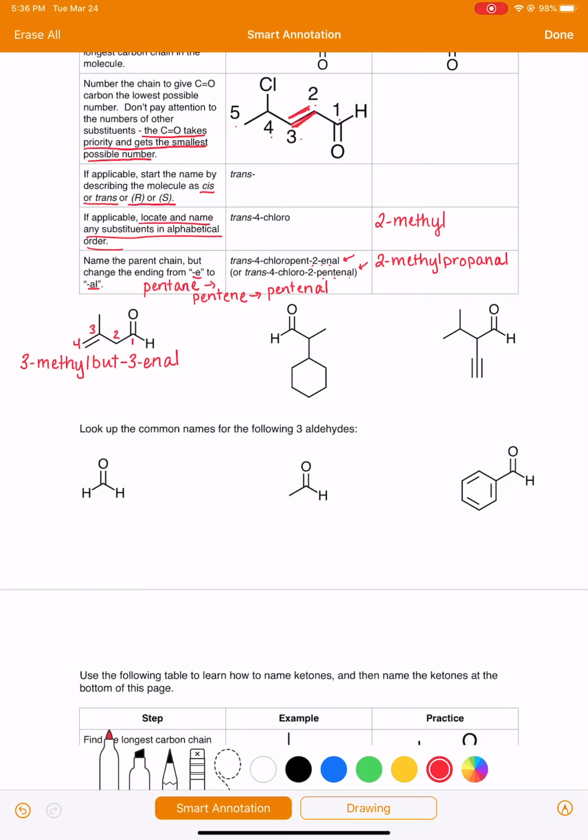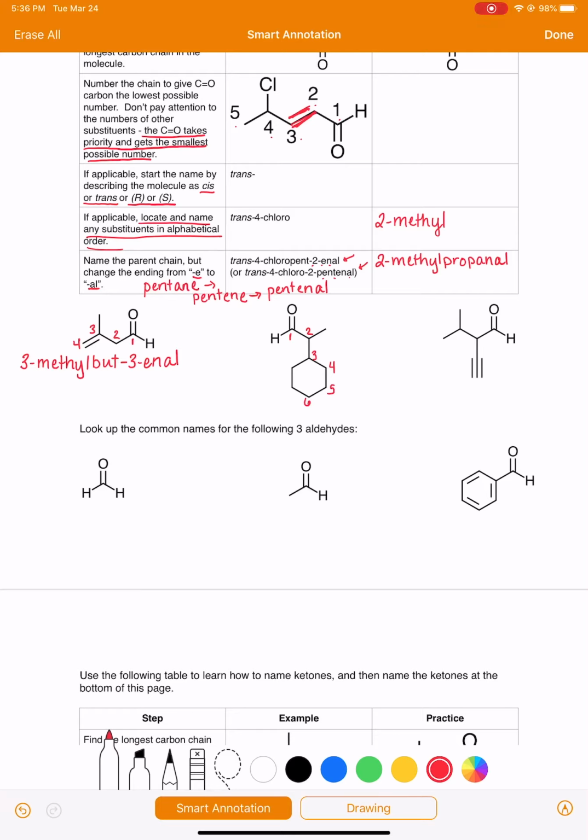The aldehyde carbon is always carbon number 1, and then we number out from there. Don't think if we're just looking for the longest chain of carbons, don't get excited and go like this with your numbers. No, that's not allowed. You can't do that.